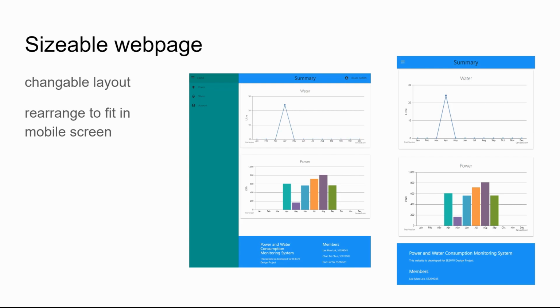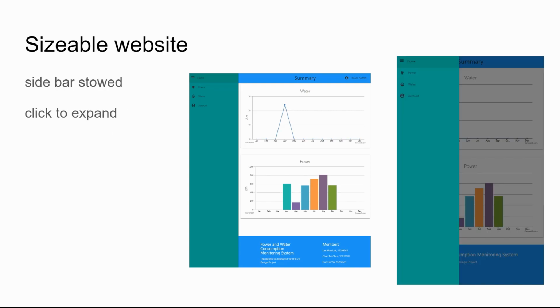When the user needs to access the sidebar, which is shown on the desktop page, they need to click the three-dash icon on the top left corner. The sidebar will pop up and let the user go to different pages.